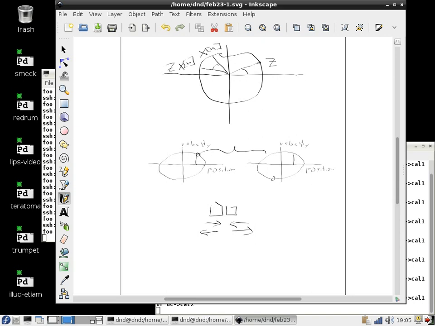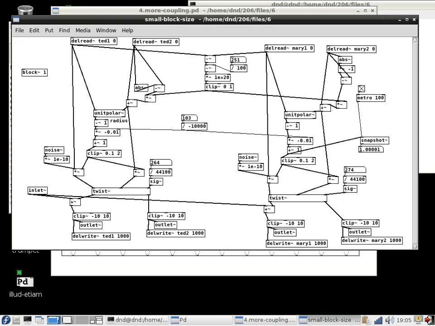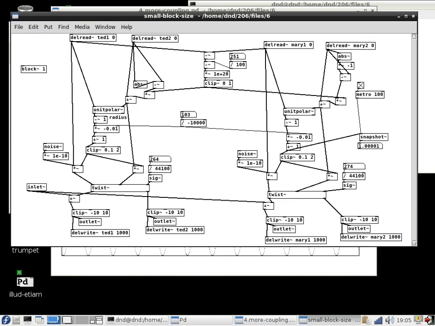Well, a possible answer of many is this. So here's the coupling. Let's take the coupling out, except I like the idea of having a control which psychologically is how much we're coupling the things, so let's leave that there. But I'm going to make the coupling take the following form.